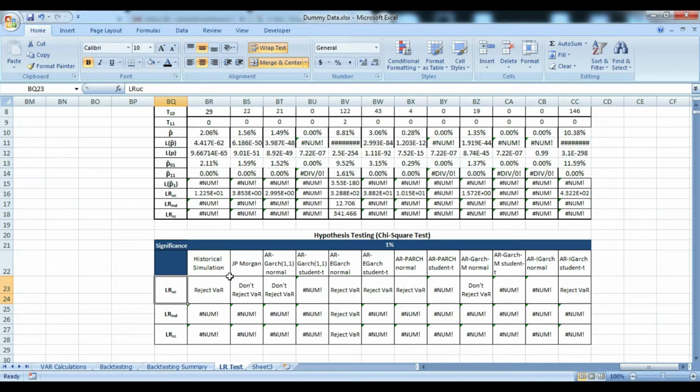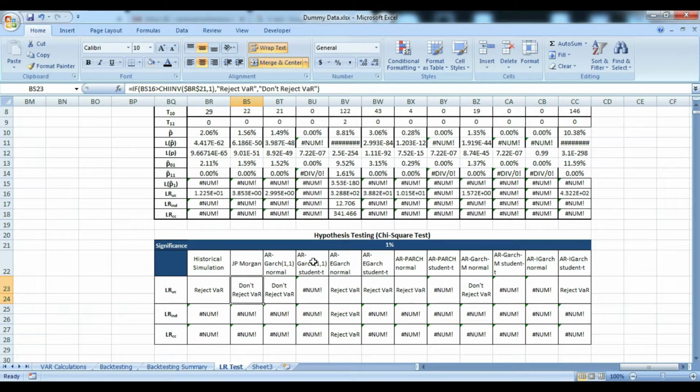So that depends on your model, guys. Sometimes in a few of these cells you get don't reject VaR, which we have got in LRUC in the JP Morgan RiskMetrics. It is saying don't reject VaR, and AR GARCH11 normal also is saying don't reject VaR.